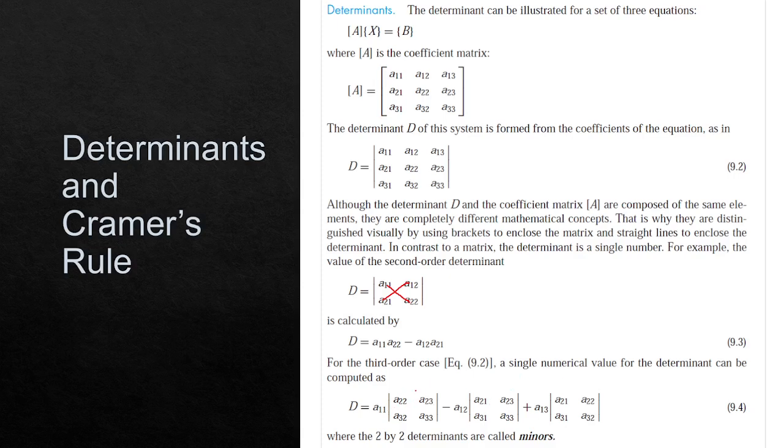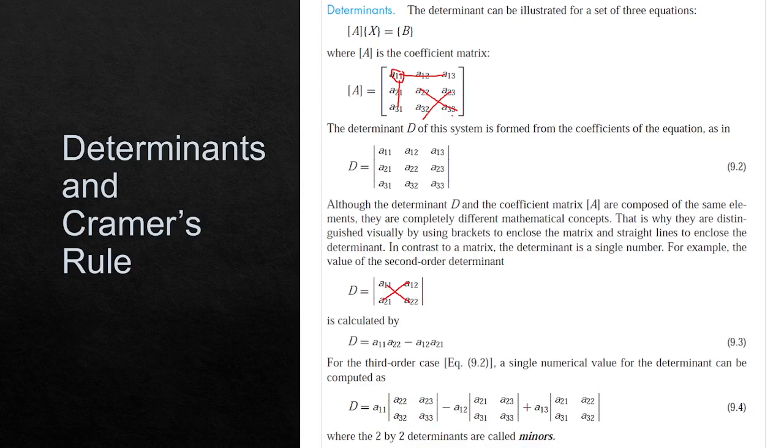So this is solving determinants with a single numerical value. A11 is multiplied by the determinant of the cofactor, the 2 by 2, which is what we call the minors.